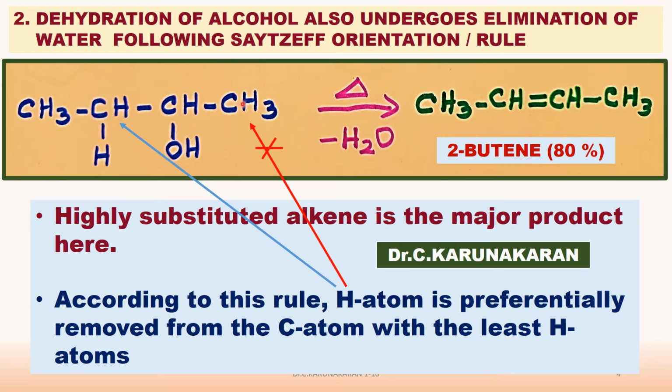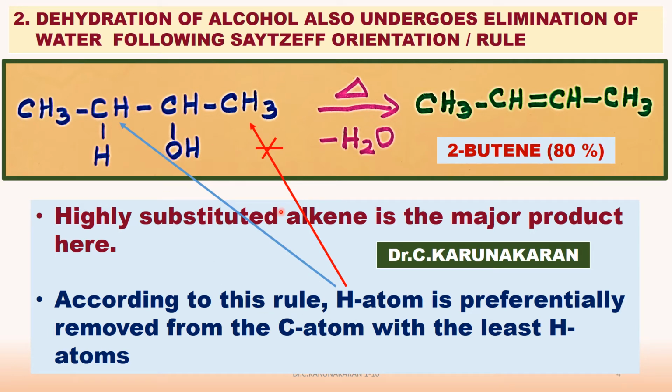On heating 2-butanol, carbons 1, 2, 3, 4, the functional OH group is present on the second carbon atom, therefore 2-butanol. On heating 2-butanol, again 2-butene is formed as the major product, and also 1-butene with less yield. So the highly substituted alkene is formed as the major product here.